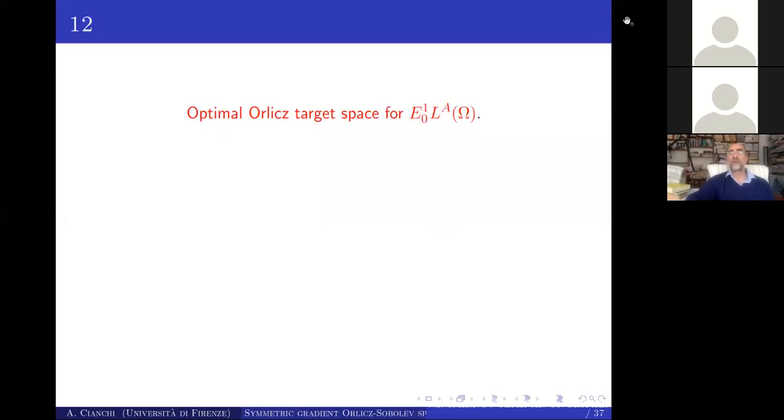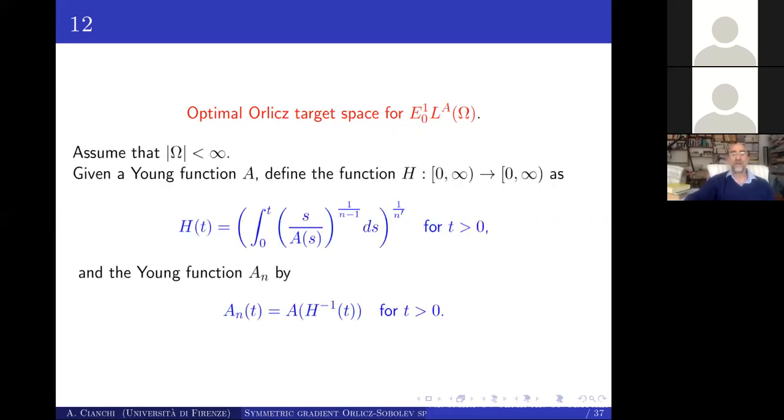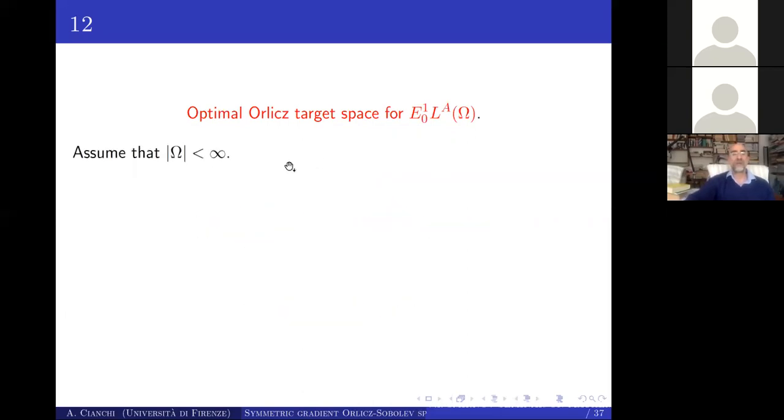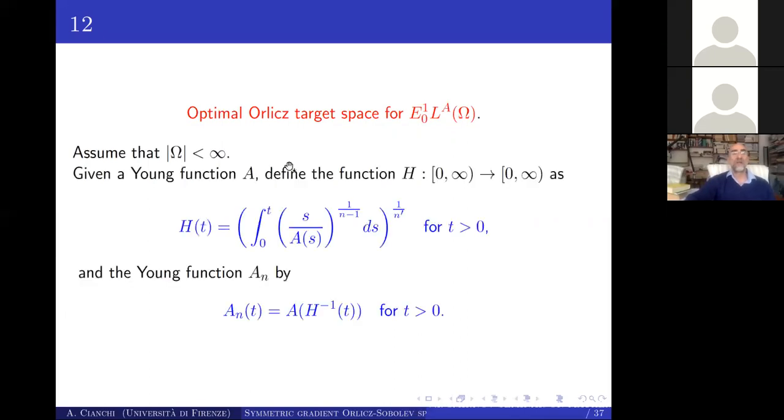Now let's go to some precise statements, and let me begin by considering this problem of the optimal Orlicz target space for E1LA. Here, I assume for simplicity that omega has finite measure, and starting with this function A, we construct another function, A sub n, another Young function, according to this rule.